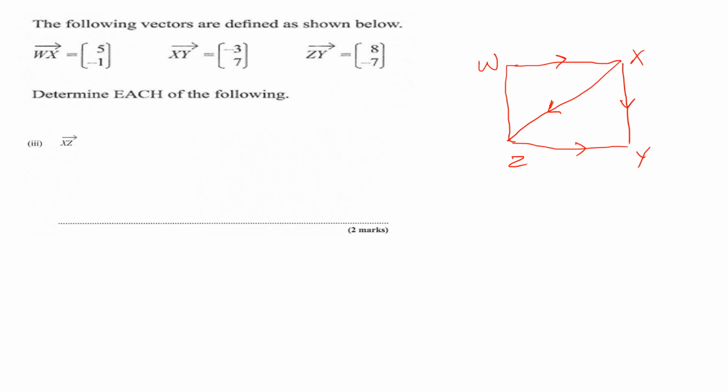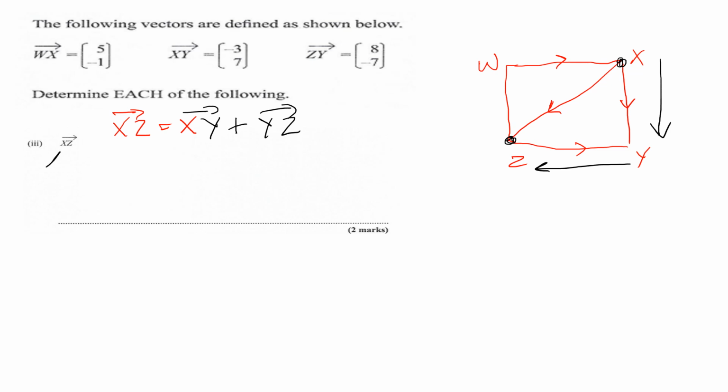So if we want to get XZ, we have to start off with X first. So we're going to go XY first, plus YZ. Remember, we must begin with X and end in Z.